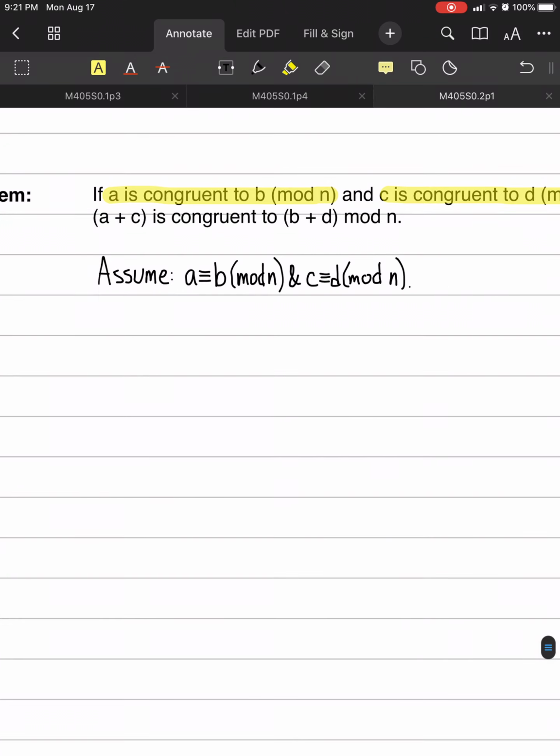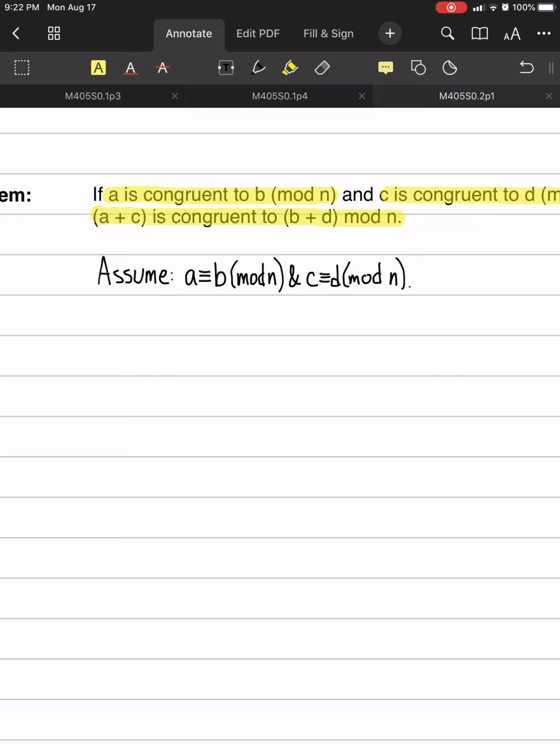We want to assume, or probably suppose is a more common term to use there, but we're assuming A is congruent to B mod n, C is congruent to D mod n. And remember, we want to show A plus C is congruent to B plus D mod n. So that's what we want to show.